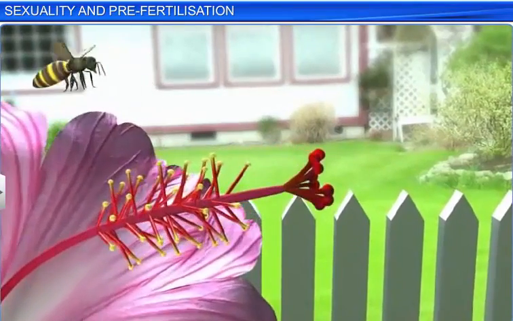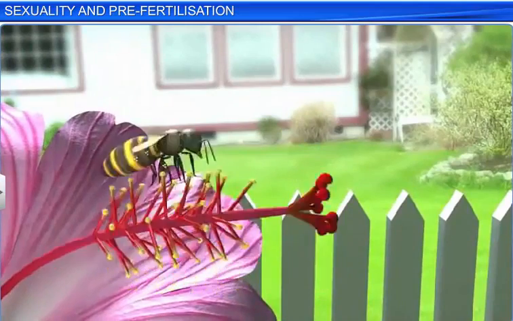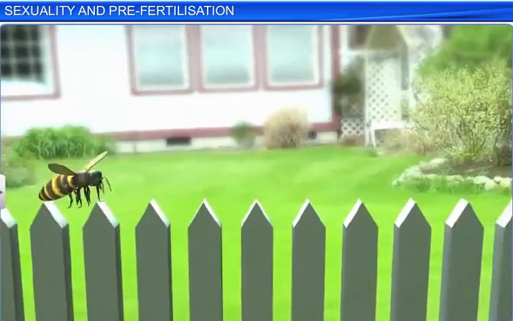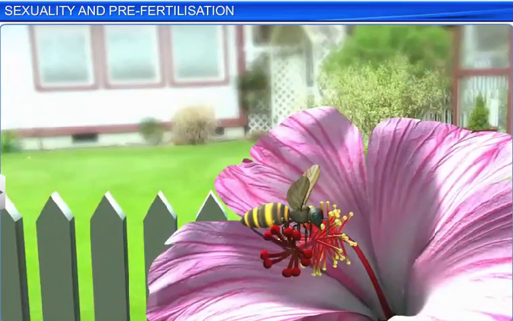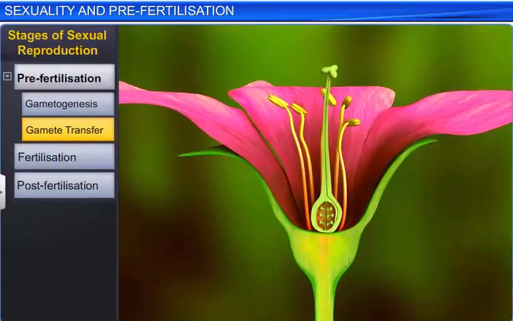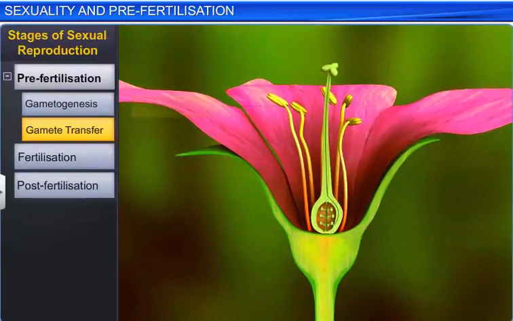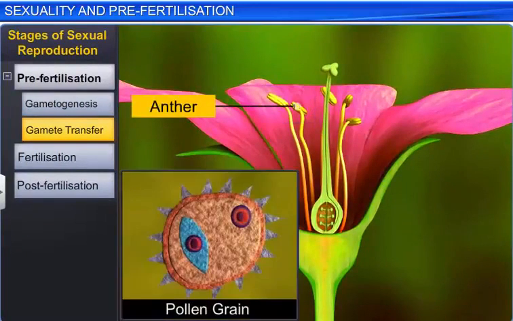While water facilitates the transfer of gametes in lower plants, wind, bees and insects facilitate the transfer of gametes in higher plants, including angiosperms. In these plants, the anther contains pollen grains which contain the male gametes.